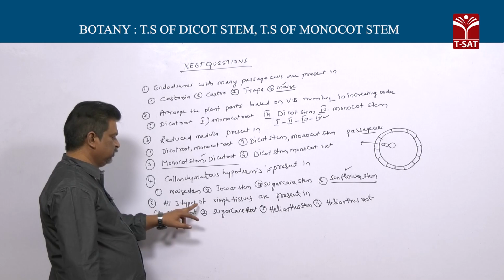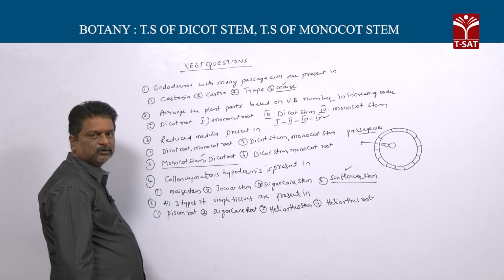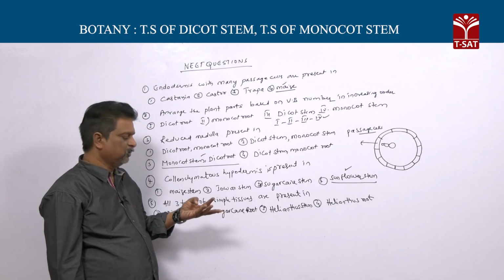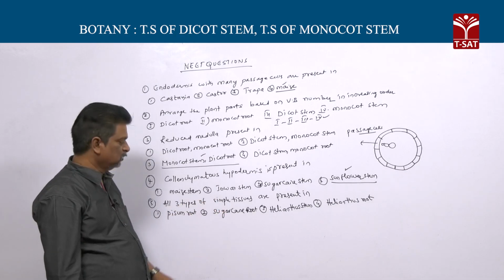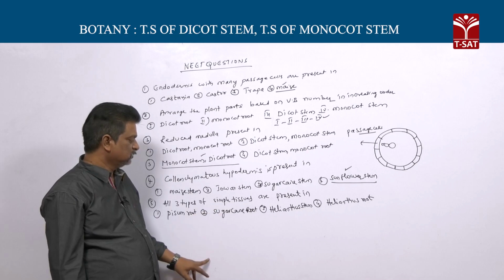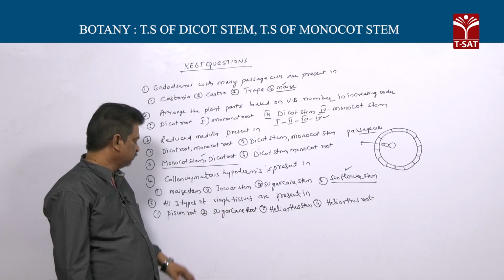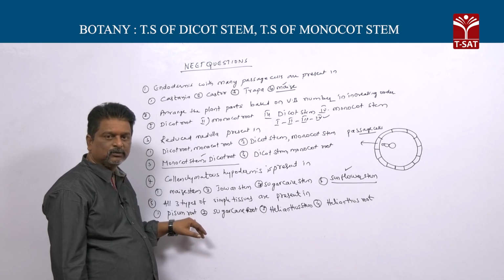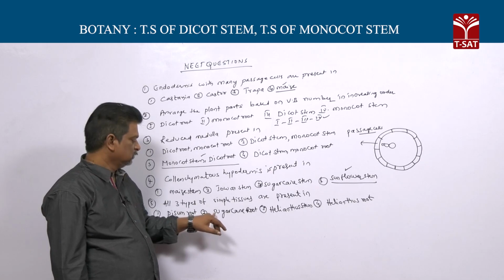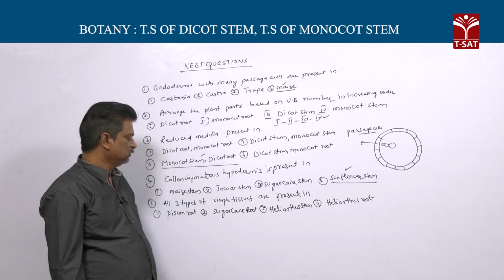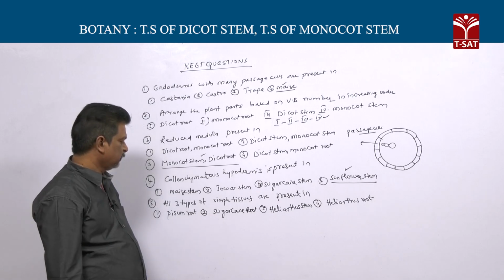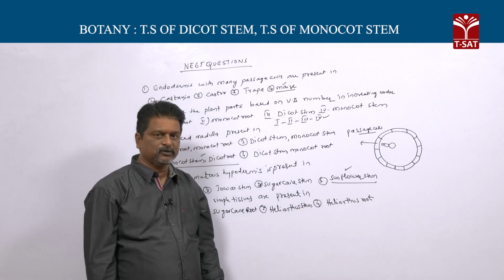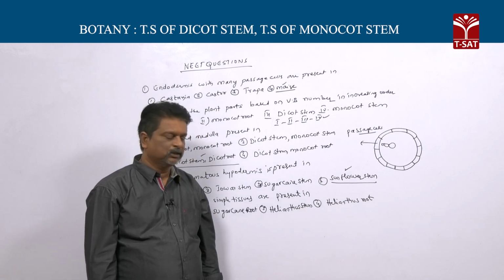Then, all 3 types of simple tissues are present in which? What are simple tissues? Parenchyma, collenchyma and sclerenchyma. Roots, as I just told, in roots collenchyma is absent. So, pisum root, no collenchyma. Then sugarcane root, no collenchyma. And helianthus root, collenchyma is absent. So, these 3 are not correct.